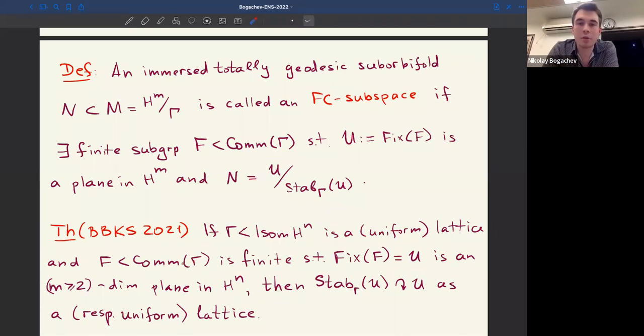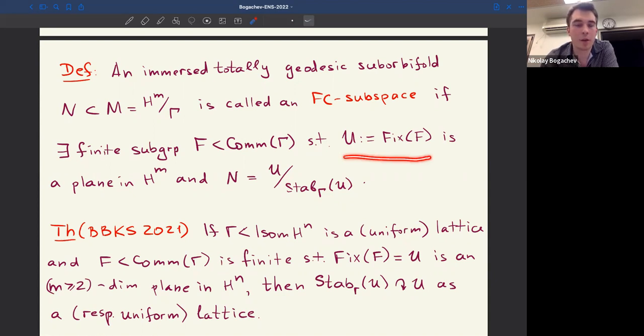An immersed totally geodesic suborbifold N is called an NFC subspace, as in finite centralizer subspace, if there is a finite subgroup F of the commensurator such that the plane U is the fixed point set of this group.